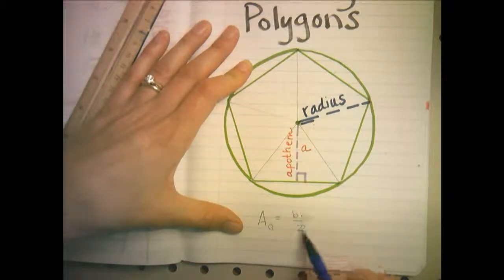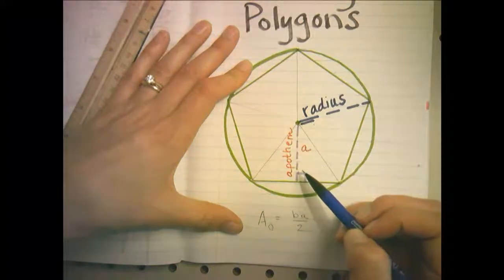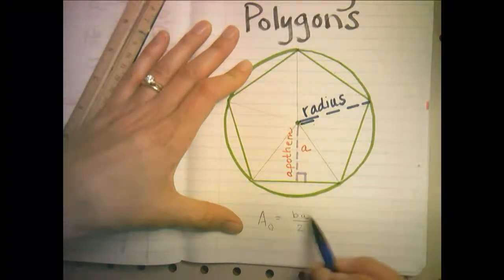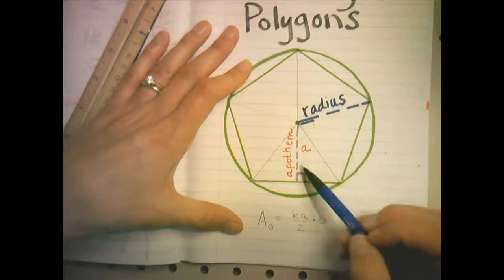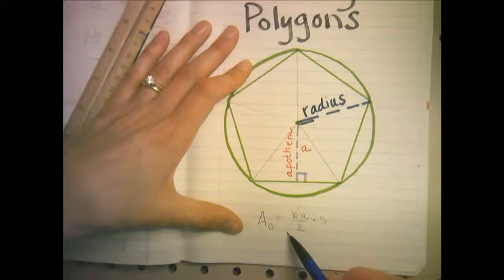I have one triangle, and I'm saying the shape is made up of 5 triangles. How could I change this formula to say it's 5 triangles? Yeah, thank you. If I multiply this by 5, I have 5 times the area of one triangle.